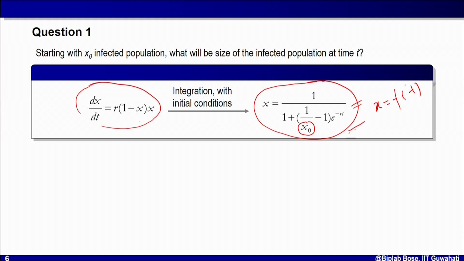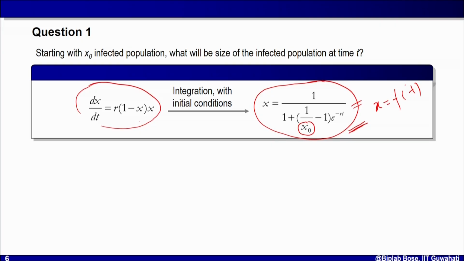Now this function is all I need to answer the questions that I have raised. So let us try the first question. The first question was, suppose the initial population infected, x naught, is 2%. So that means it is equal to 0.02.